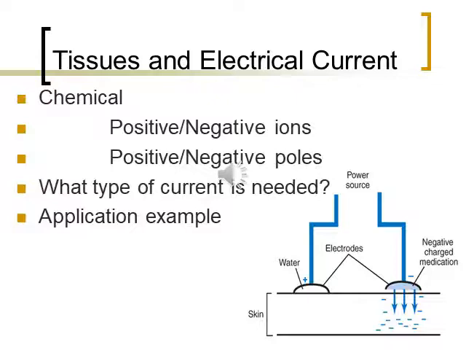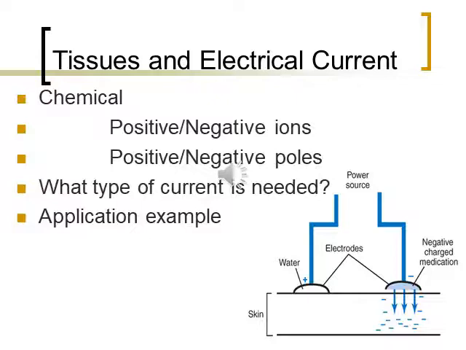So if you look at the picture, very common to most iontophoresis units, you have an active electrode which, based upon the medications, all have specific charges to them. For instance, a very common medication used in iontophoresis is something called dexamethasone. Dexamethasone has a negative charge, okay?